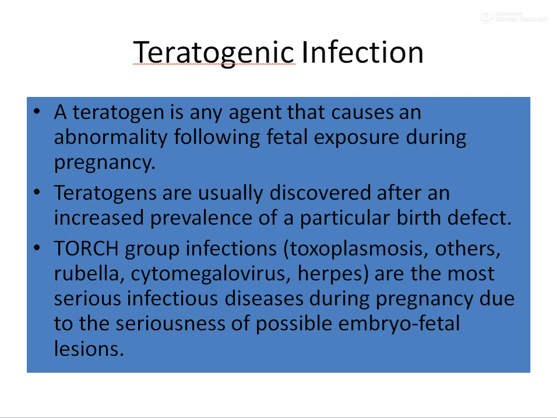The most commonly found teratogenic infections can be classed as the TORCH group of infections: T for toxoplasmosis, O for others, R for rubella, C for cytomegalovirus, and H for herpes. So if during pregnancy you get infected by any of these infectious agents, it might lead to embryo damage, and the infections that lead to embryo or fetal damage during pregnancy are referred to as teratogenic infections.